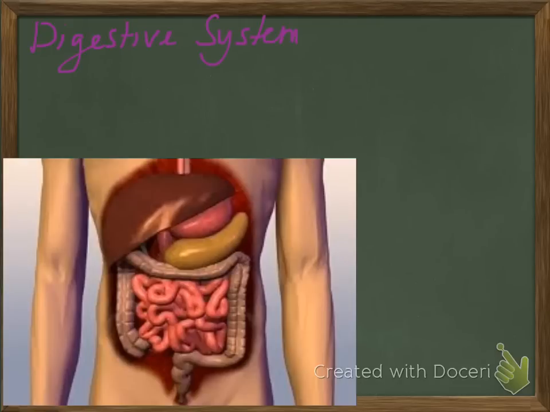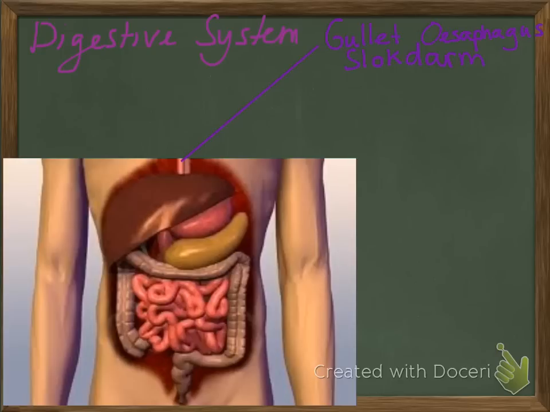For our digestive system, there are many organs. So let's go at them one at a time. When you swallow food, after you've chewed it in your mouth, made it into small bits and pieces by your teeth, you swallow it. There it will travel down your throat through your gullet or esophagus.